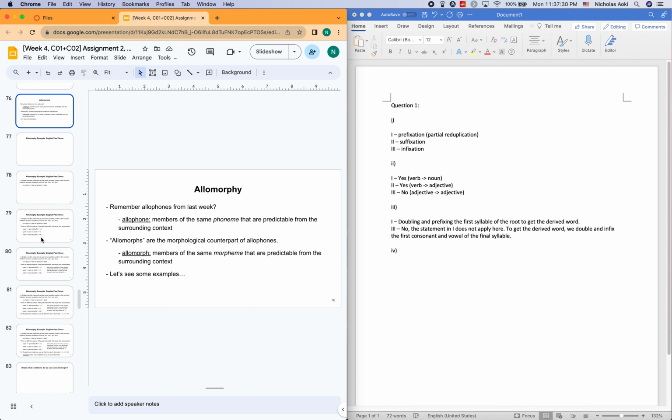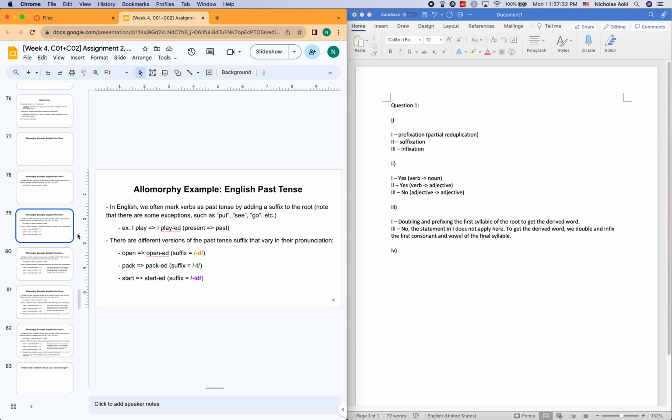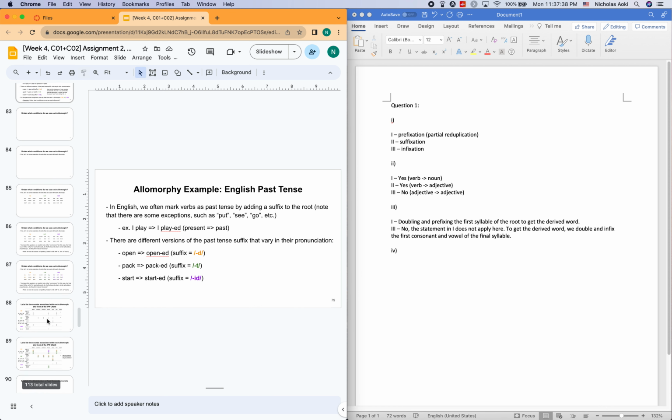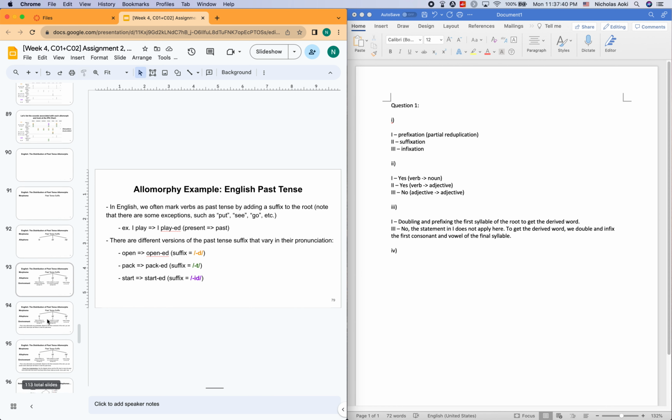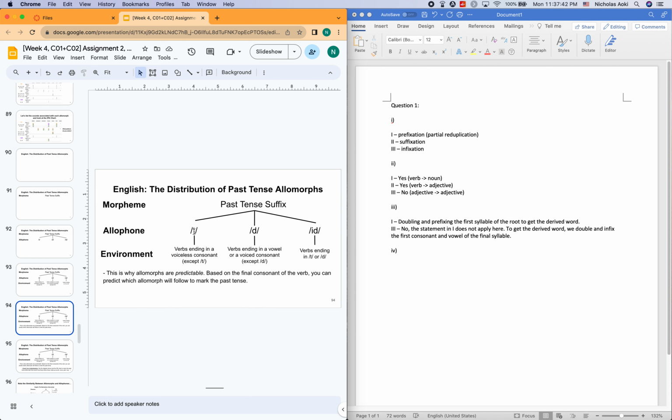The way that we understood the surrounding context was the adjacent sounds to the morpheme. So for example, we observed with the English past tense that there were 3 different allomorphs, t, d, and ud, and they were all associated with particular environments.